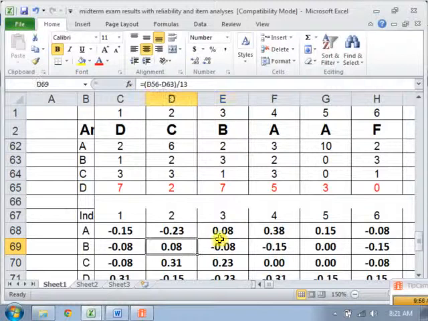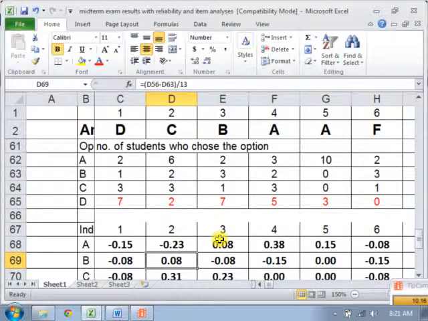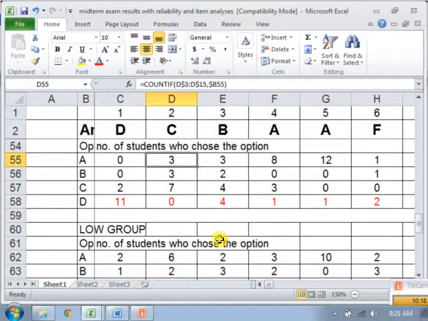Let's say for example number 2. Look at number 2, guys. Content validity is provided when letter B is a distractor. So how many from the upper group? 3 from the upper group, 2 from the lower group.